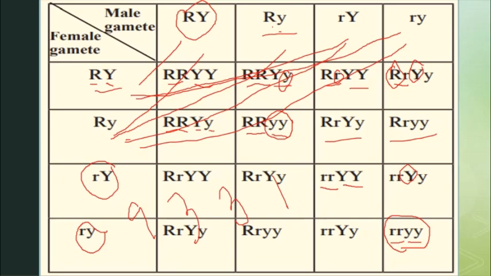Now you can take other contrasting characters also and make a Punnett square and find out. So it can become easier for you to make the cross and find out how many phenotypes there are and what the ratio of the phenotypes can be. Usually the ratio of the dihybrid cross is always 9 is to 3 is to 3 is to 1.